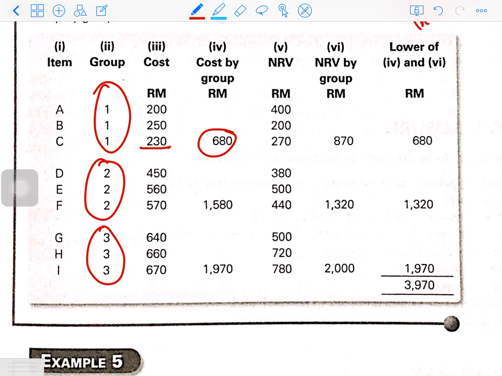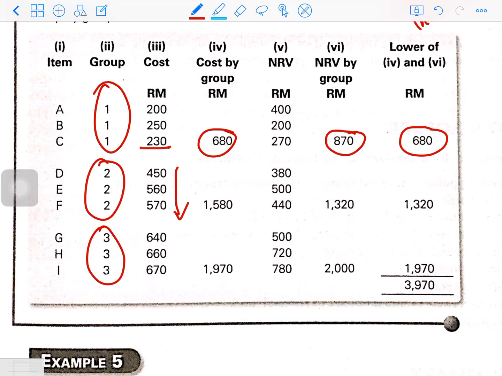Total up the NRV, you get 870. In terms of group, which one is lower? 680. So we choose by group: 680 is the cost of group 1 stock inventories.